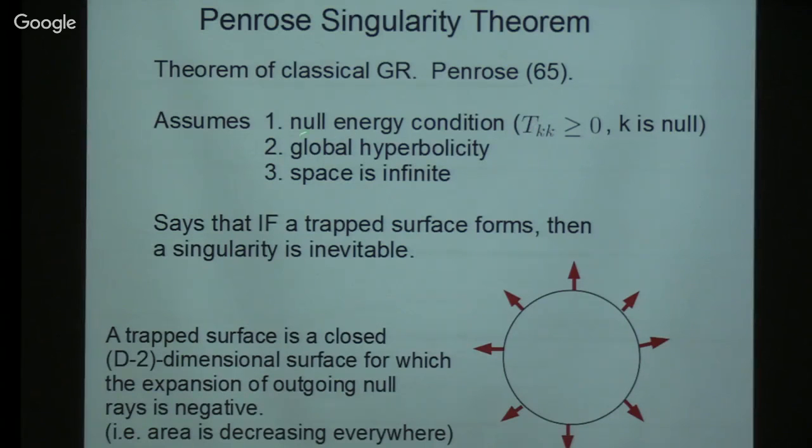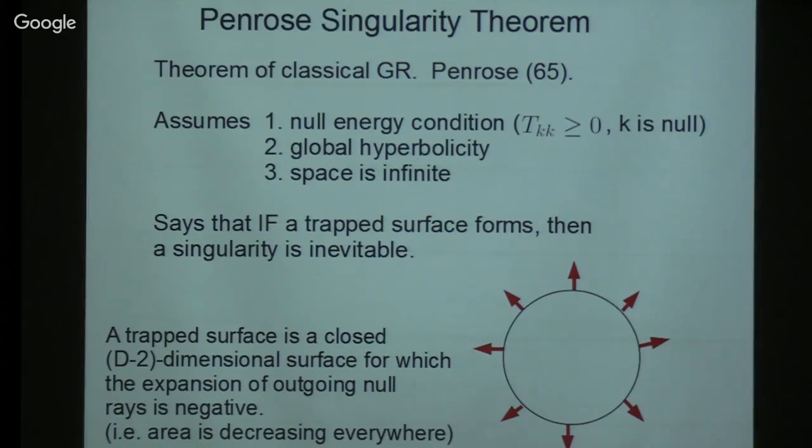This assumption is called global hyperbolicity because it is essentially what you would want to assume in order to evolve a wave equation consistently in the space-time, such that there's a well-defined Cauchy evolution problem where you can specify the data at one moment of time and deterministically work out what the data is at any other moment of time.